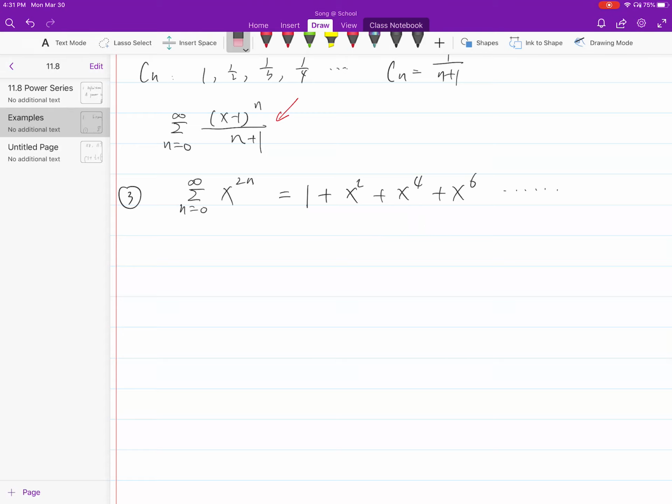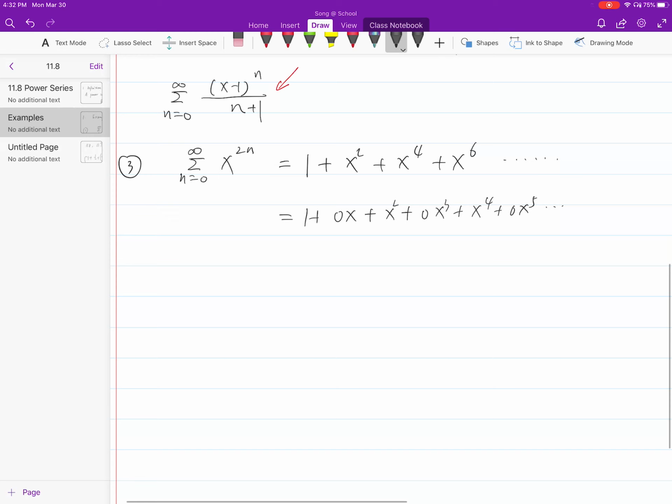Do we have to include all the possible powers? Well, I would suggest you think about things in this way. We always include all the powers, but if we don't have some of them, we simply put a 0 as the coefficient.